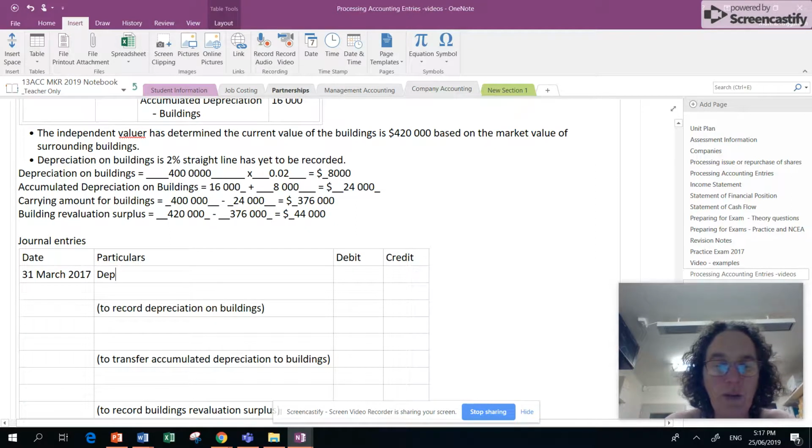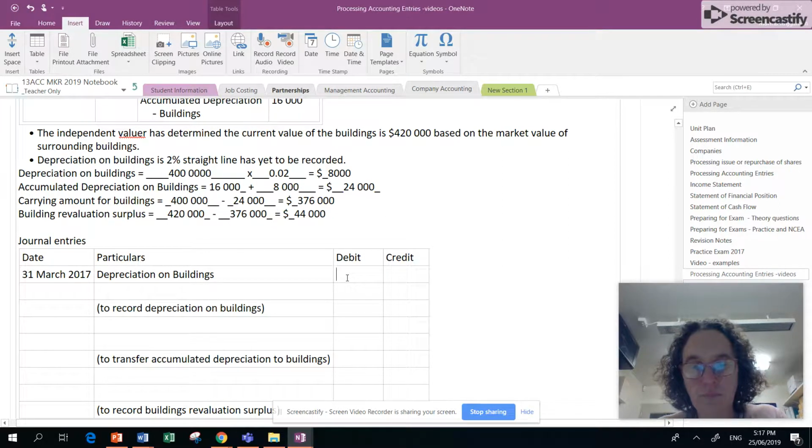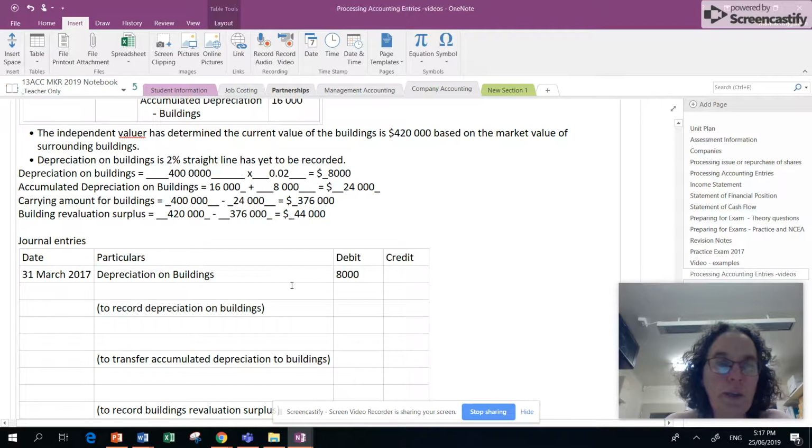The first one is recording the depreciation for this year. So it's going to be debit depreciation on buildings for the $8,000, credit our accumulated depreciation for our buildings, which is the $8,000.